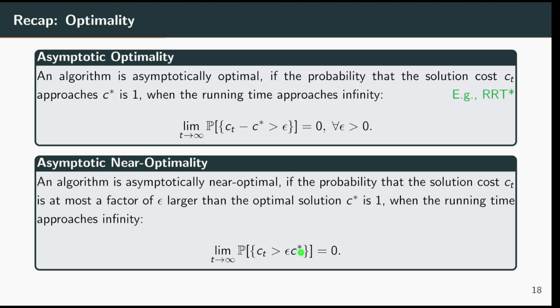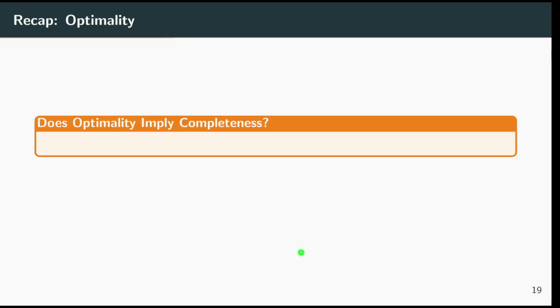Do you remember which algorithm had this asymptotic near optimality property? Exactly. Technically only the star variant, which we didn't discuss. Okay, good. So does optimality imply completeness?